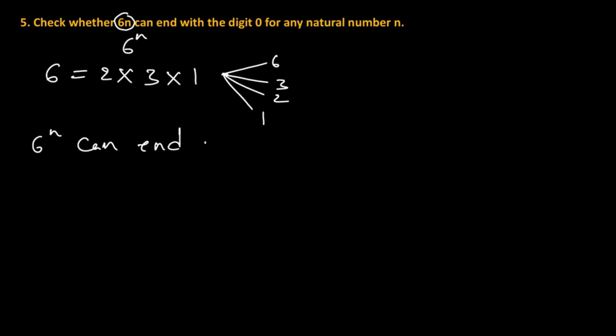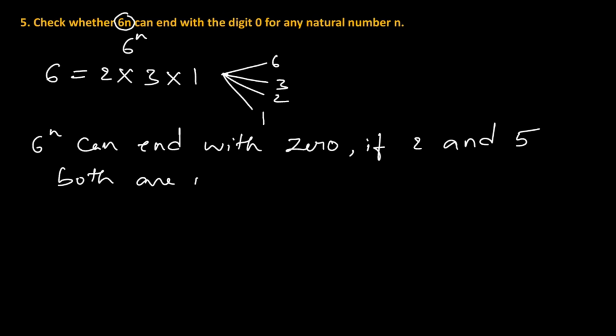So 6 power n can end with 0 if 2 and 5 are its prime factors. So there is no prime factor of 5.